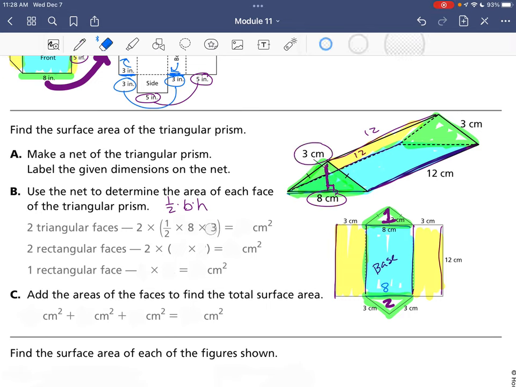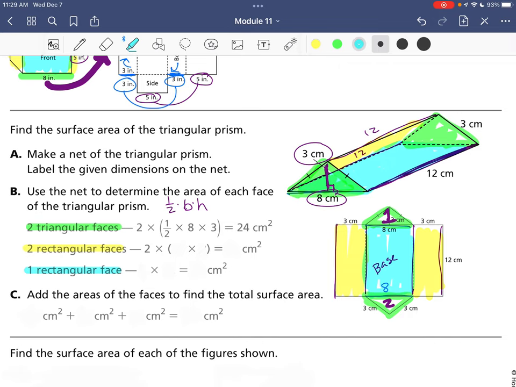Base times your height will give us an area of 24 centimeters squared, because you're doing 8 centimeters times 3 centimeters. And now we can do our rectangular faces. So that's what we have in the yellow. So there's our triangle, and then our yellow, and then the big one is our blue.